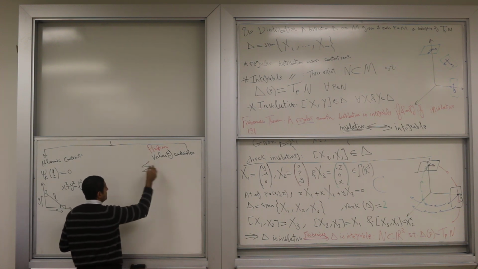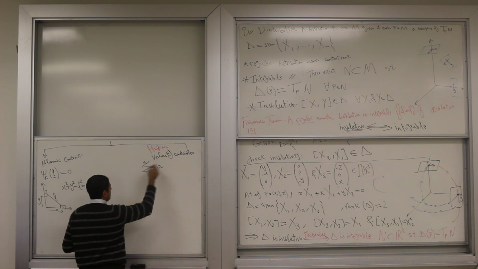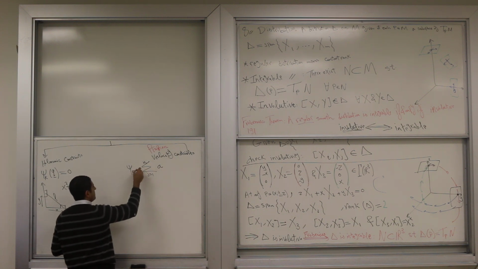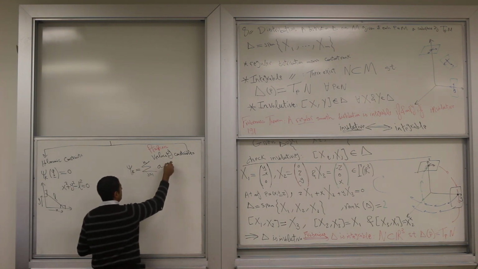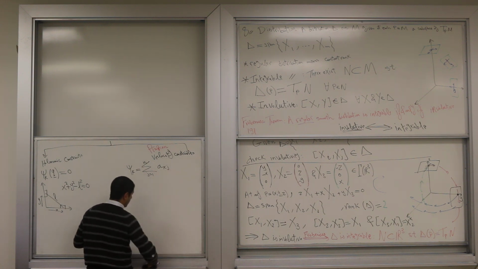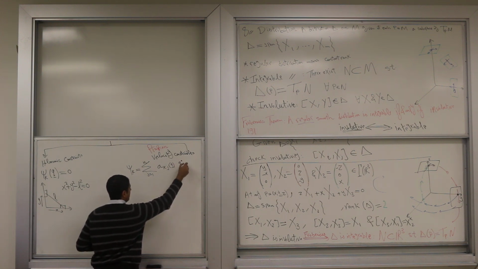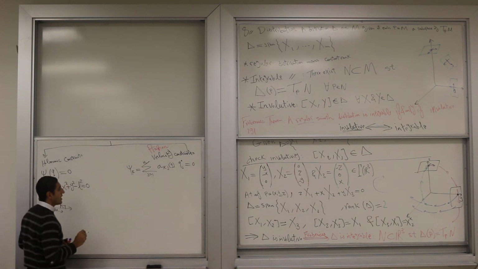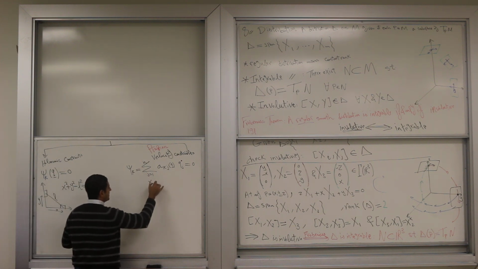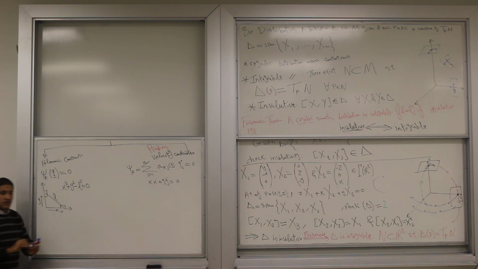So summation j equals 1 to n of some coefficients a_kj times q_j dot, and these may be functions of q's, that's fine. This is 0. Like maybe x x dot plus y y dot is 0, right? This is a constraint on velocity.